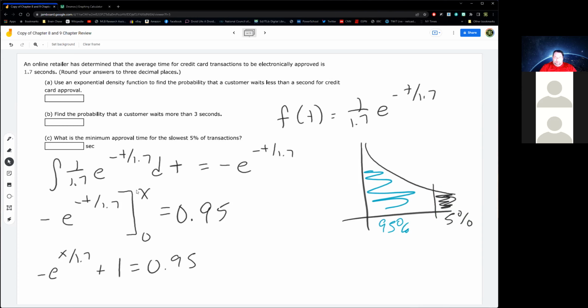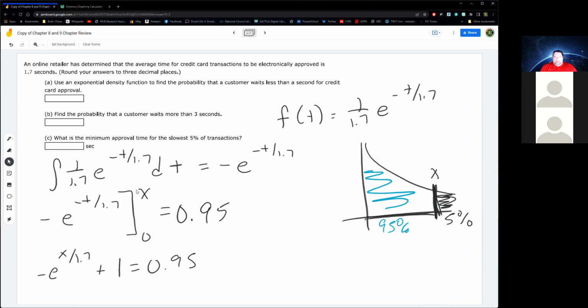I'm going to bring the 1 over. In essence, I'm looking for this value right here. So to get it, I could either do the x all the way to infinity, which will give me that side, or I can do 0 to 0.95, which is going to give me this side. That's easier.